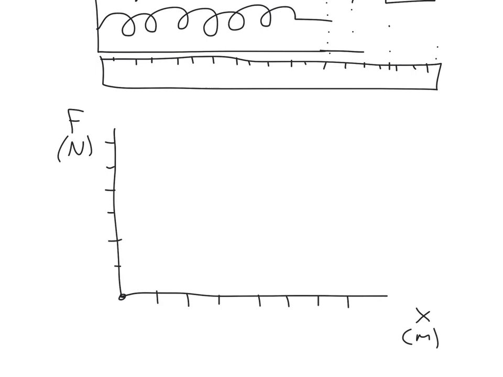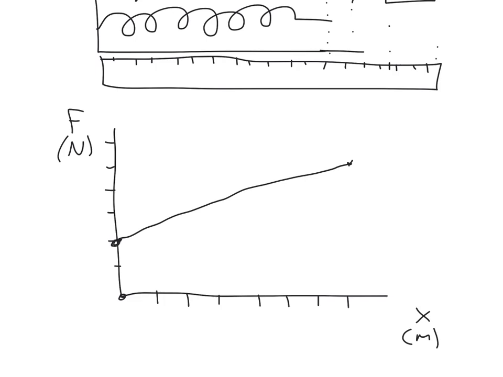And what we would find, or what many times we will find, is a relationship that looks something like this. Which is to say a linear relationship. We typically find a linear relationship between force and displacement of a spring.